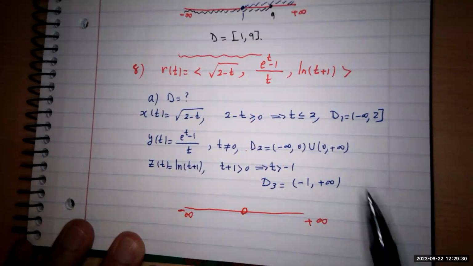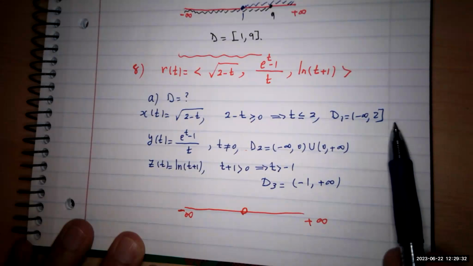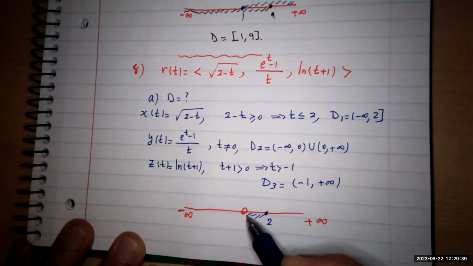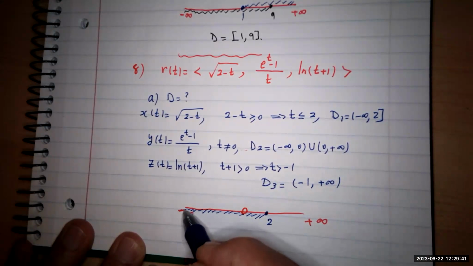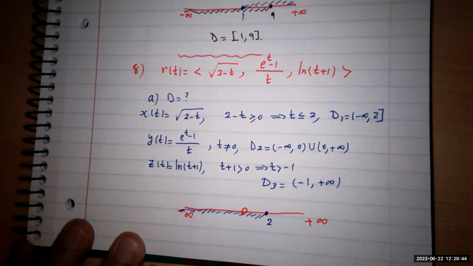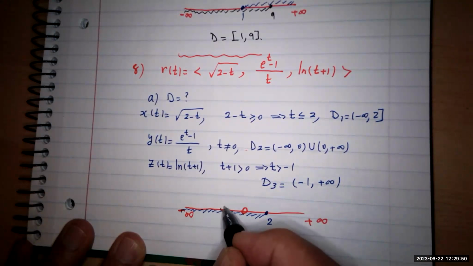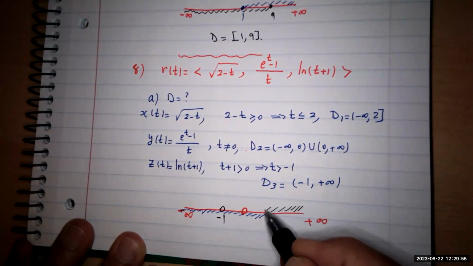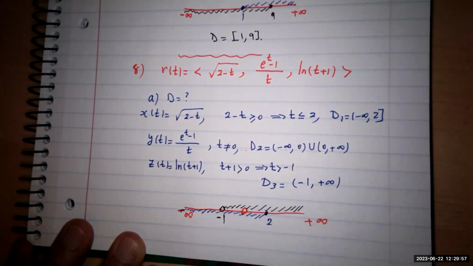The other two are negative infinity to 2 and negative 1 to positive infinity. So the red part, the blue part and the black part.